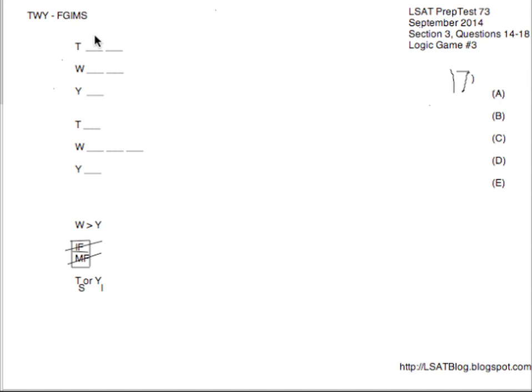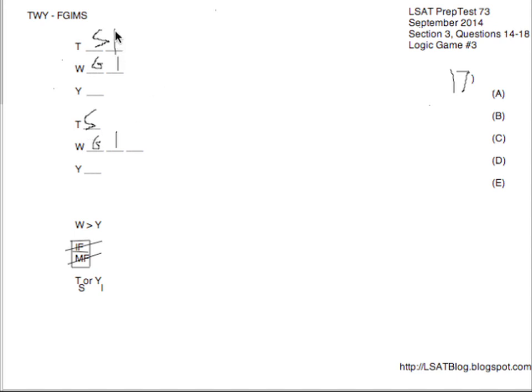So if a family is going to have both G and I, it's going to have to be family W. And so we can lay out that, in the 2-2-1 layout here, W gets GI, and in the 1-3-1 layout, G is also getting I. Now, of course, this means that YI is not happening, so T will have to have S for sure. There's no way around it, just because we've got to meet that condition that TS or YI occurs. So T is definitely getting S here.